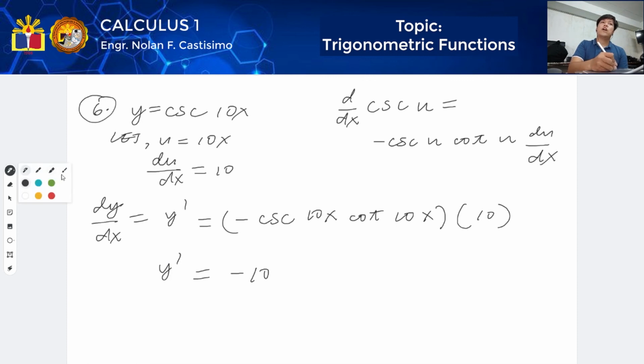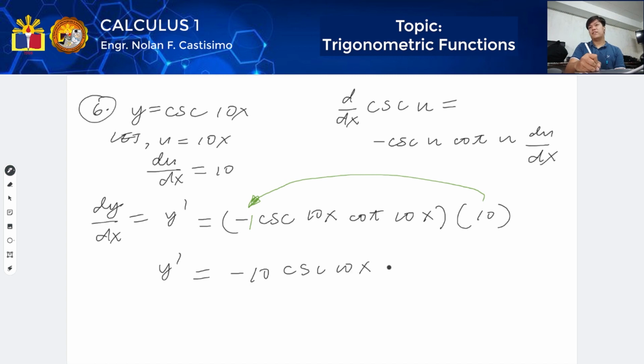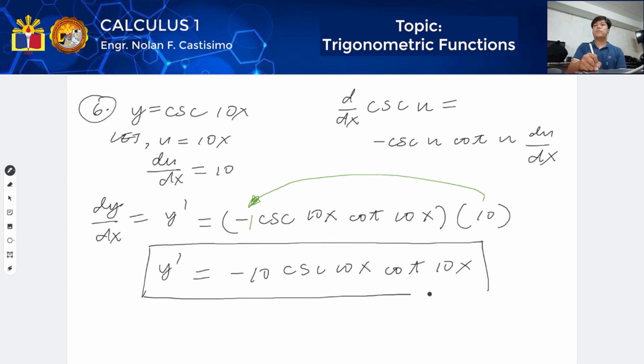So, 10 is multiplied to negative because considered na merong 1 dyan. So, parang 10 times negative 1. Kaya naging negative 10 na agad dyan. Cosecant 10x cotangent 10x. So, final answer. Okay? So, other example problems will be included to my next video.